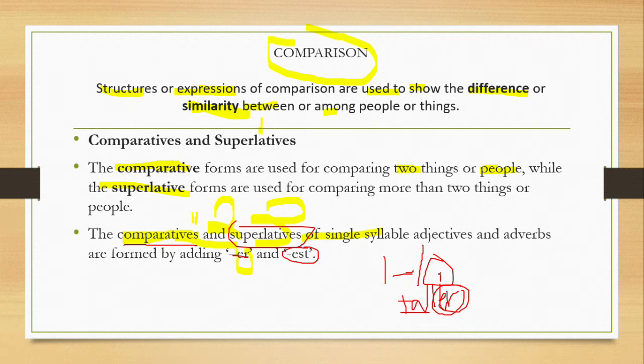So he's the shortest. Hear the way I'm pronouncing it. Shortest. What is there at the end of the word short? There is est, making it to be what? Shortest. So when you are comparing more than two things, you simply add est, and that is the superlative form of words. Done.